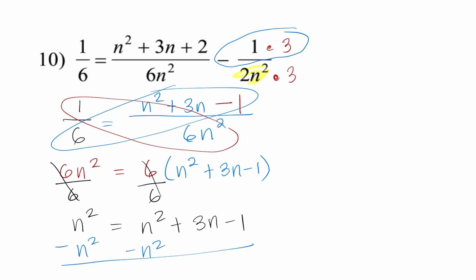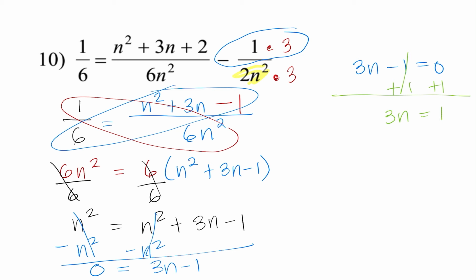And so the n squared is gone. That gives us a 0. We're left with 3n minus 1, so 3n minus 1 equals 0. We isolate n. We're going to add 1 to both sides. And then we're going to divide by 3, which will leave us with our final answer, 1/3.